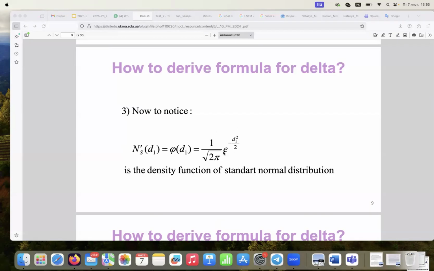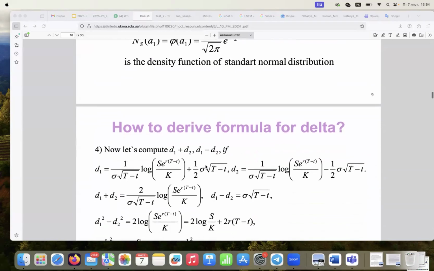And we know this formula. Yes, it's a Gauss function. Do you agree? Of course, yes. So, the density function of the standard normal distribution.